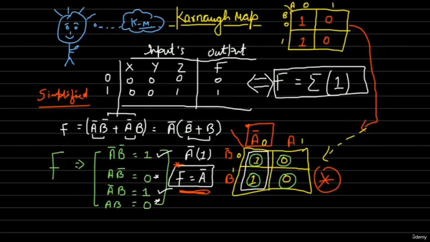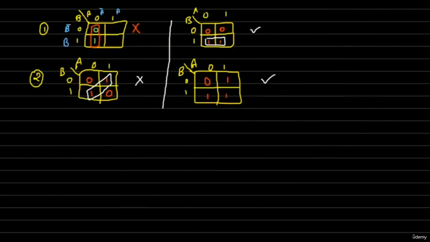And then we simplified it and our answer reached A dash. So this is the reason we are doing it. Okay, so diagonals are not allowed. But is it allowed? Well, there are 2 possibilities you may see here, like in this one and this one. So which one are we going to take?